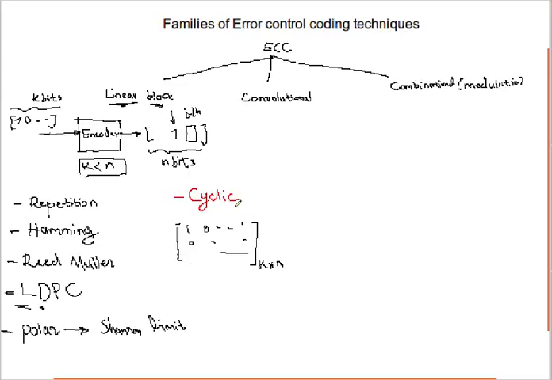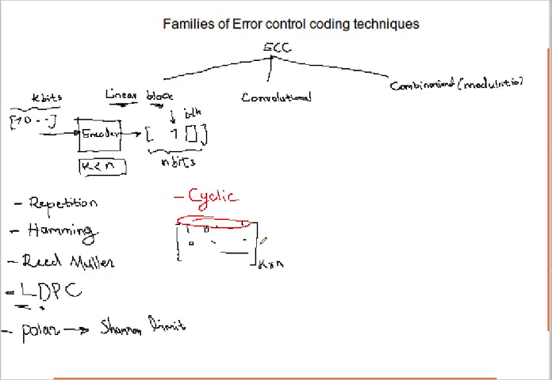But the idea of a cyclic code is that your matrix has a good advantage for storing data. Imagine that you know just the first row. By knowing just the first row, you can create your whole k by n matrix.